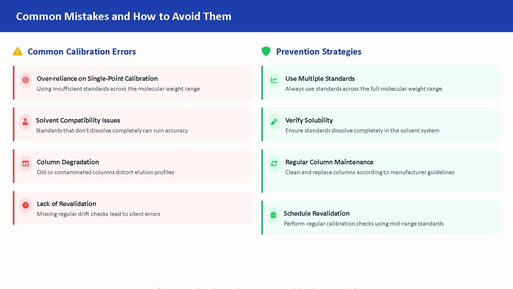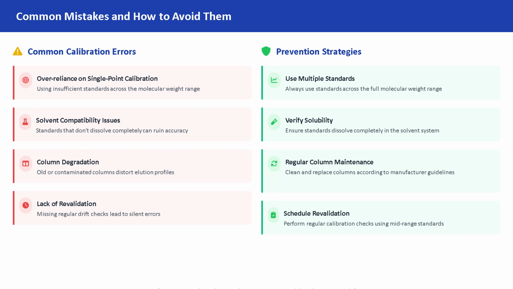Even experienced analysts can slip up. Common errors include relying on a single point calibration, ignoring solvent compatibility, or running samples on an aging column. Skipping revalidation can quietly erode data accuracy over time. The fix is simple.